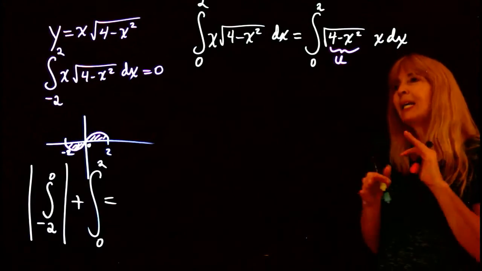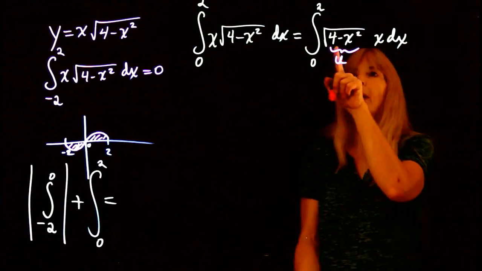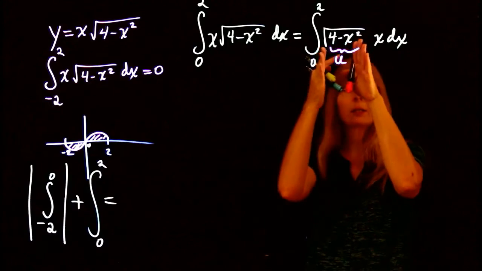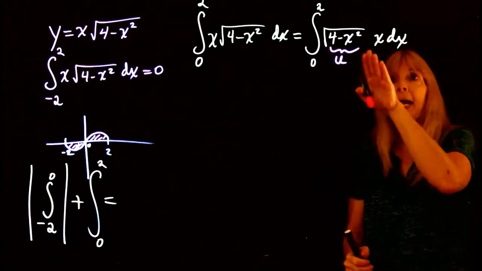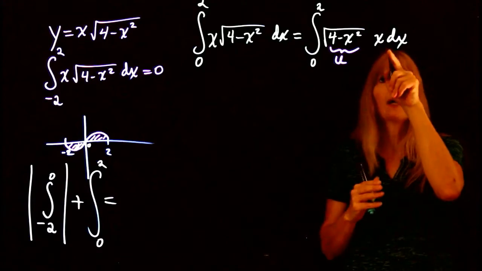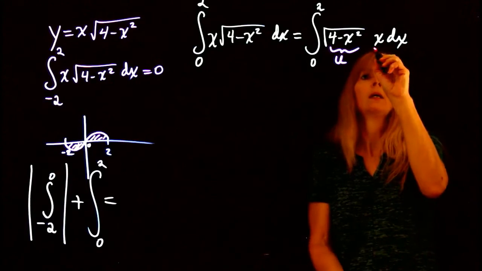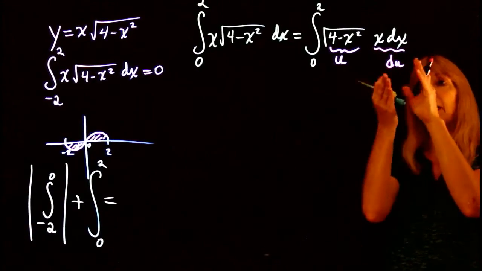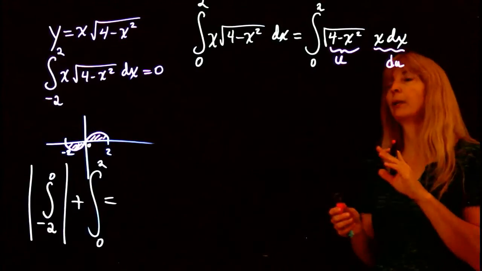All right, so when I say substitution, that means where I see 4 minus x squared, I'm going to put in a u. That's all fine, but the problem is now this is with respect to a different variable, so this has to become something that has a du in it. In a perfect world, if I could just make that du, everything would be good.